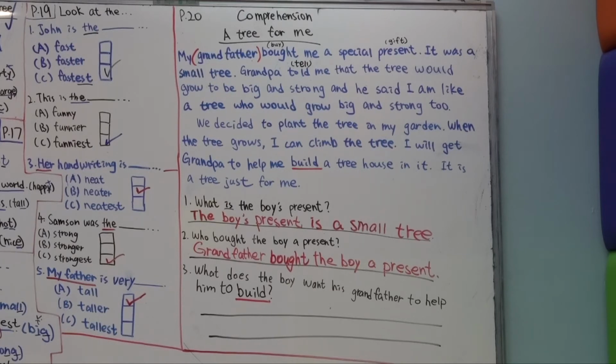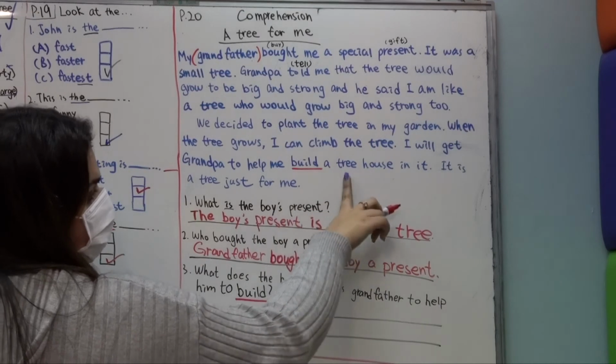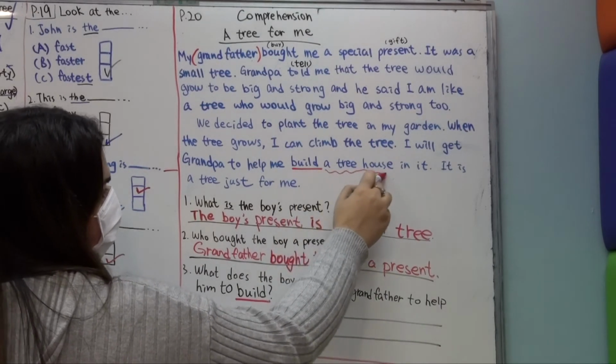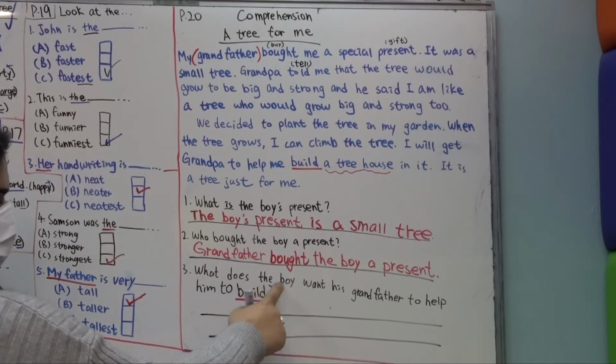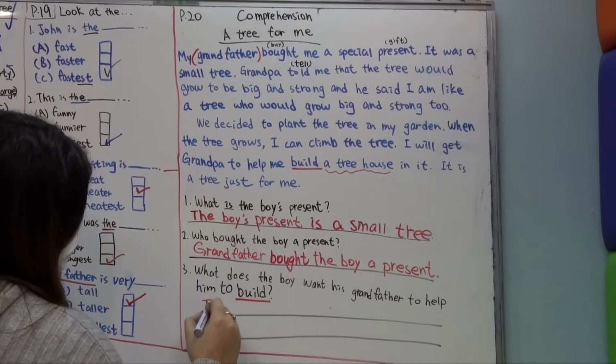So we found it. Build a what? Build a tree house, right? Tree house. So what does the boy want his grandfather to help him to build? Okay. The subject is the boy, right? The boy.